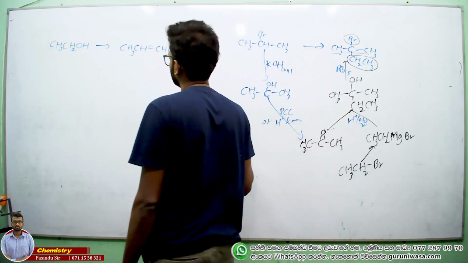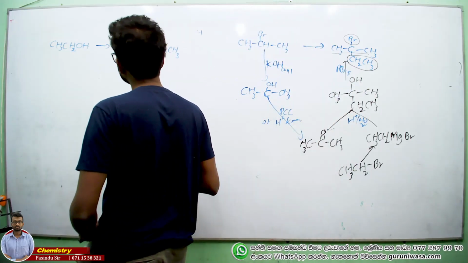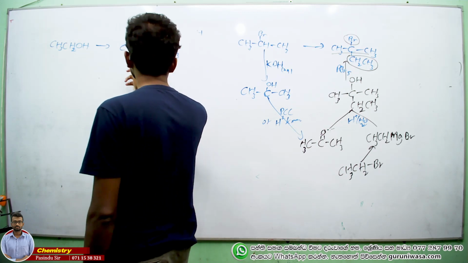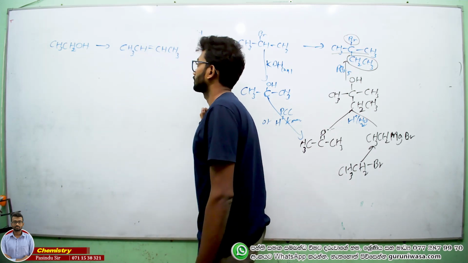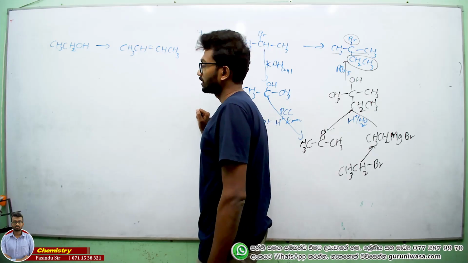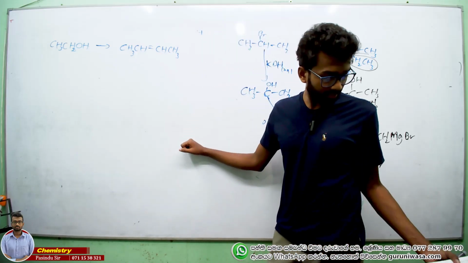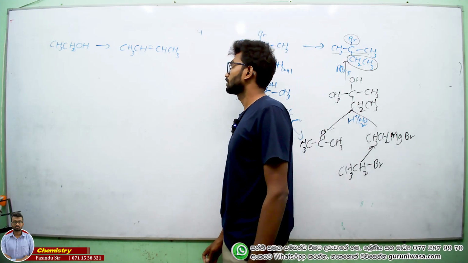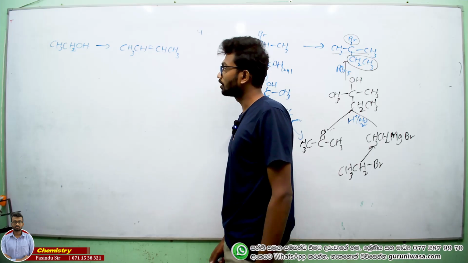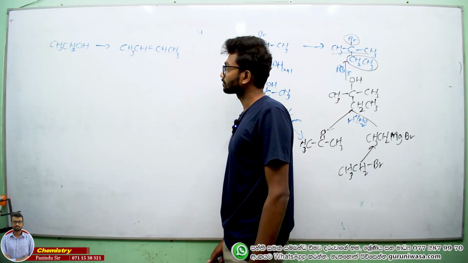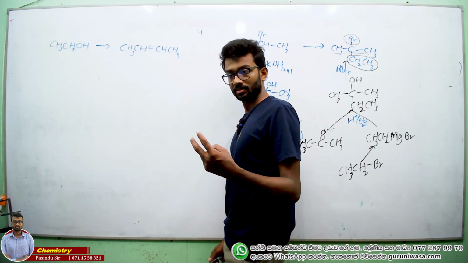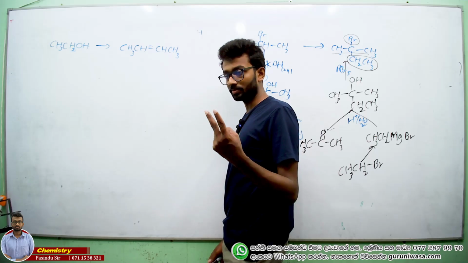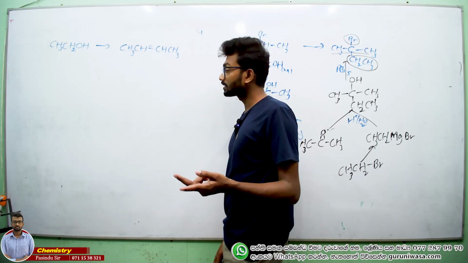So here, when you're looking at the product, check the number of carbons. Again, the number of carbons is increased, right? So if so, use that method. There are two methods I taught.